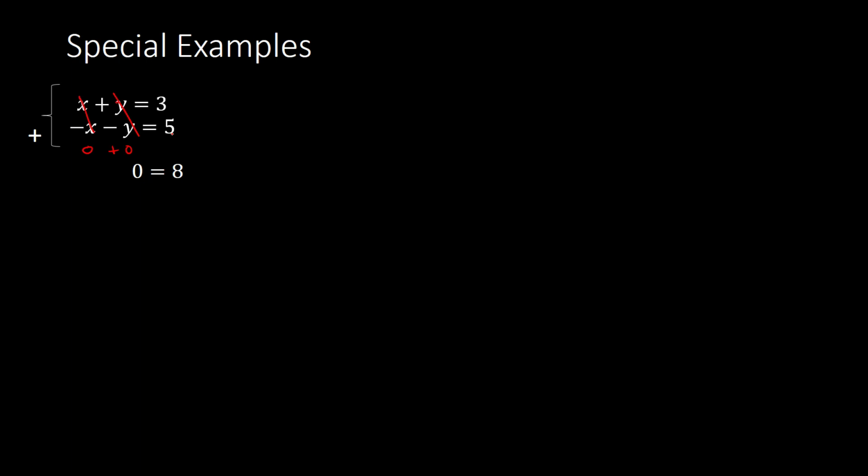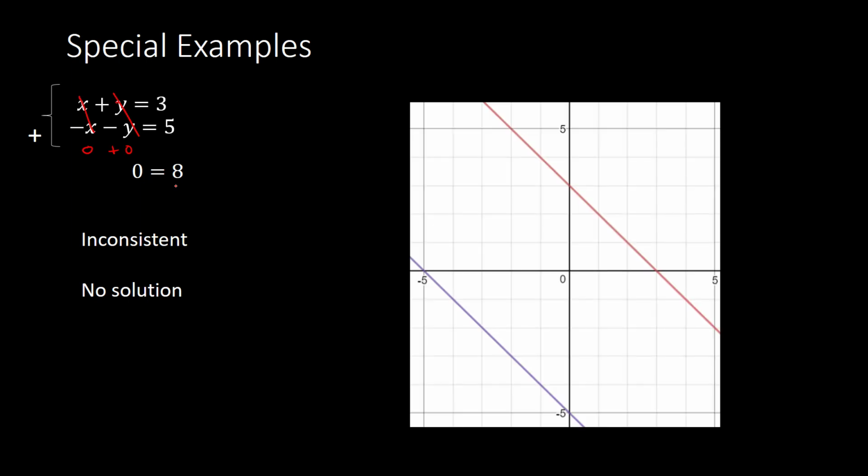Notice there's no variables left over. It's a very unique situation, and what we have found is that because this is a false statement, we call this inconsistent, meaning that there's no solution. And if you were to graph this, your two graphs would look like this, where we have two lines that are parallel.